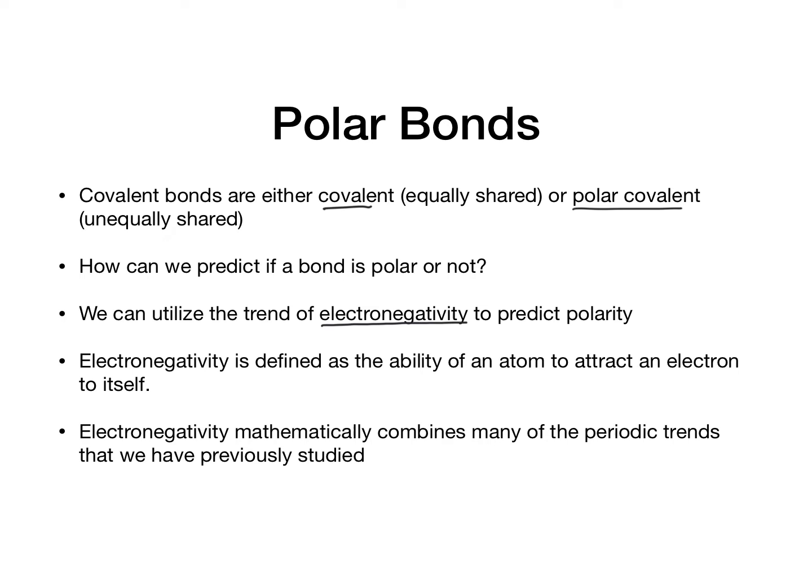So electronegativity mathematically combines the ionization energy, the electron affinity, the size, the effective nuclear charge, all of the periodic trends in a complex mathematical formula in order to say some elements have a higher electronegativity, so they attract the electrons more often.